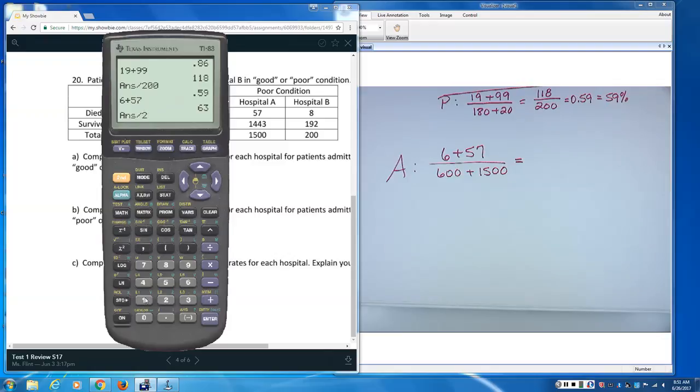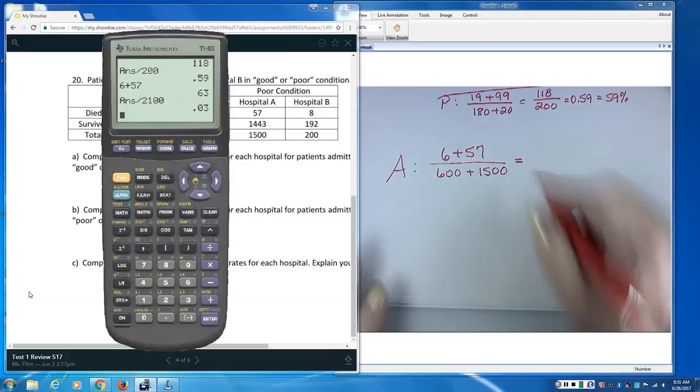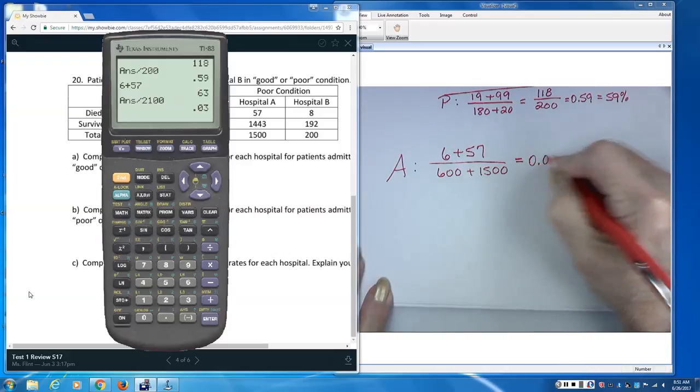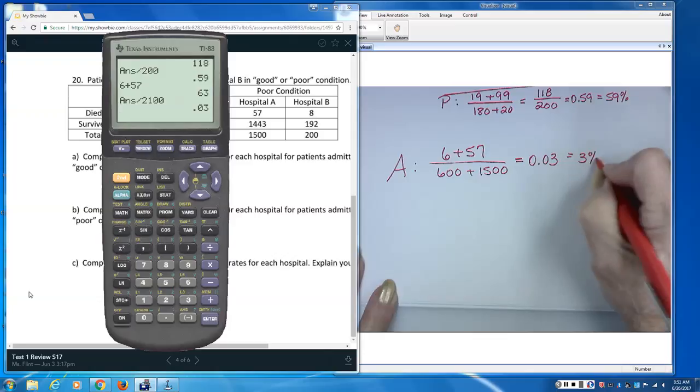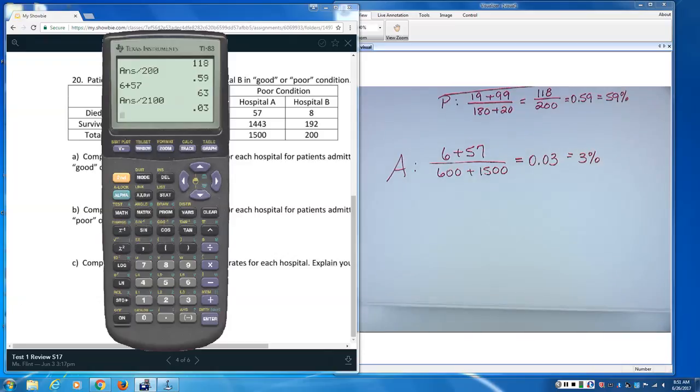And 600 plus 1,500 is 2,100. So they had a 3% fatality rate.